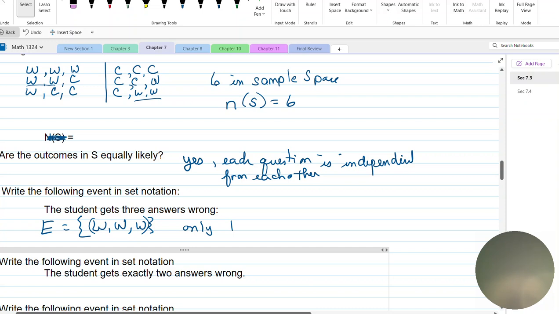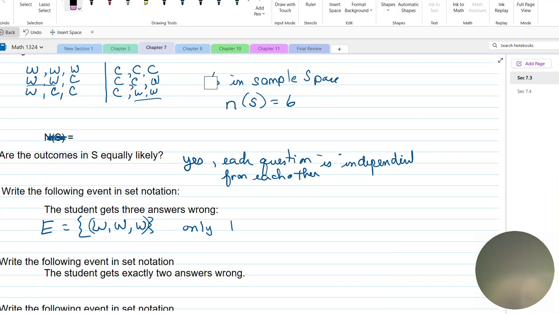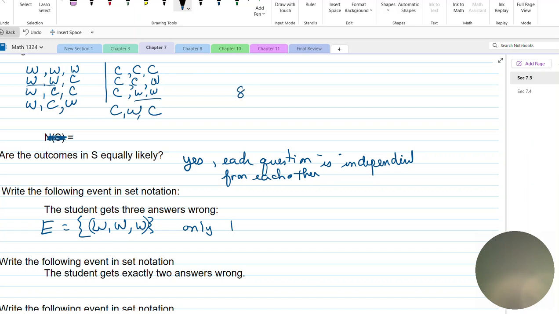Sorry about that. We have to come back up here. It's not 6, it's 8. Because we can have wrong, correct, wrong, and I forgot that one. And this one is correct, wrong, correct, and I left that off. It's 8. Sorry, sorry, sorry.